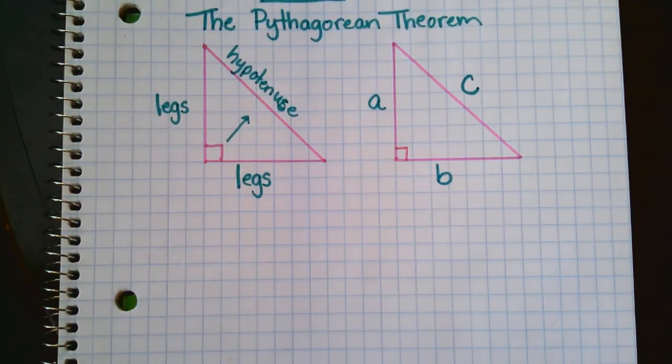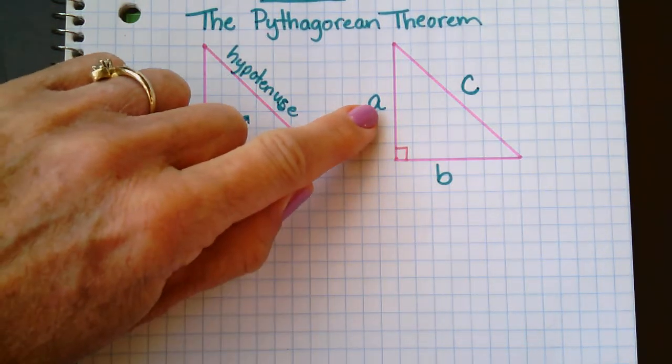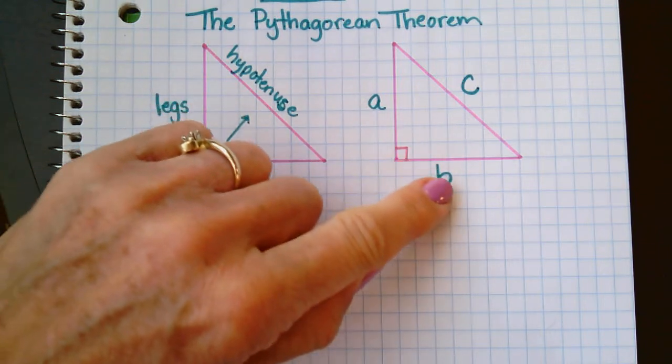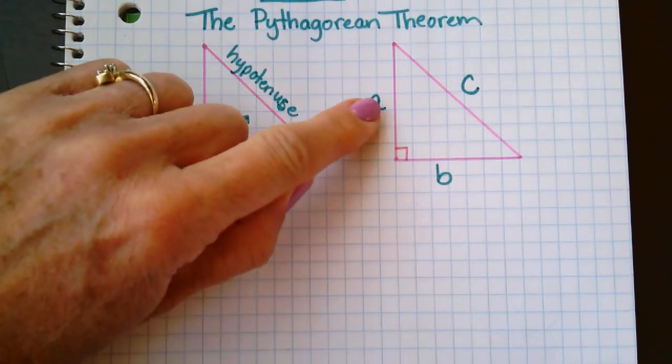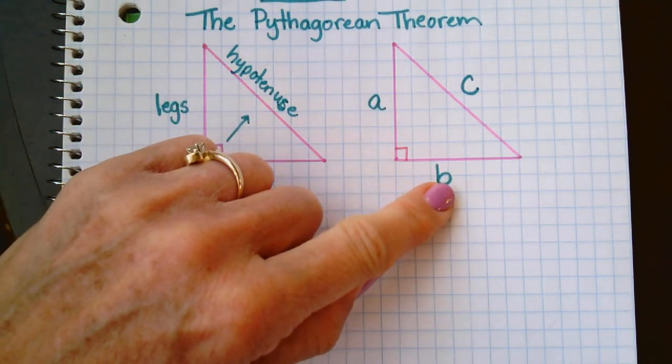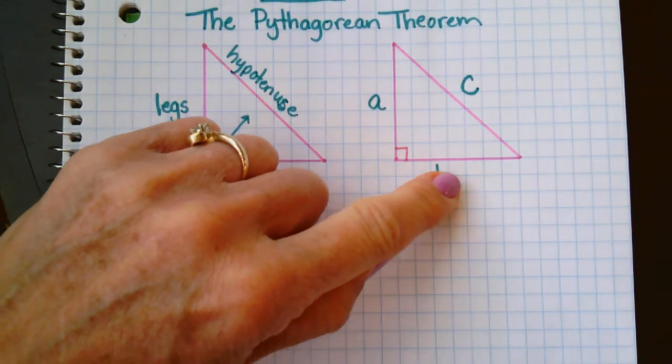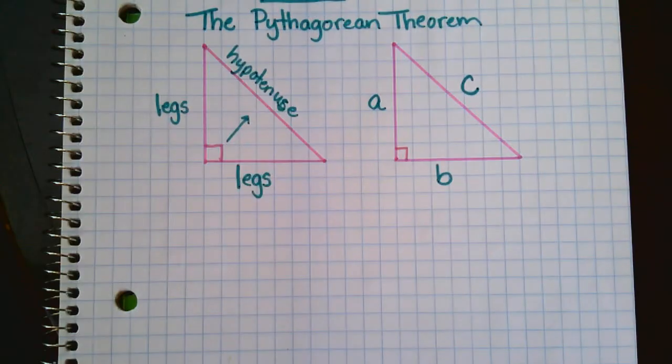Now, we learned in our last lesson that three lengths will form a right triangle if you square the two shorter sides and add them together, or find their sum, and that is equal to the square of the third side. So let's write that down.